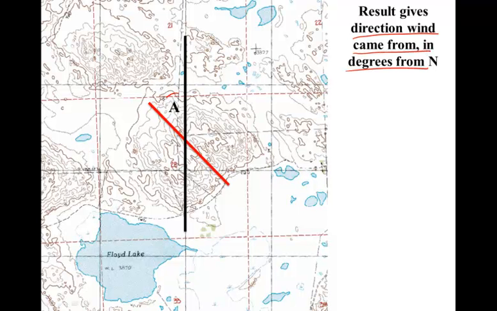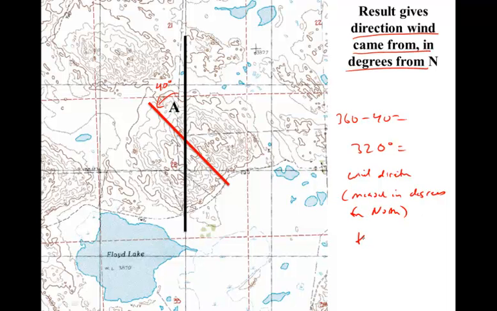Using a protractor, I find that this angle is approximately 40 degrees. 360 minus 40 equals 320 degrees, equals the wind direction measured in degrees from north that made this dune.